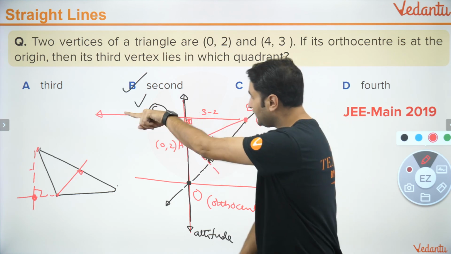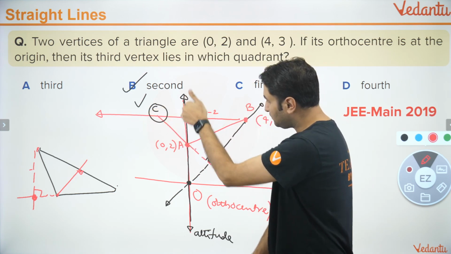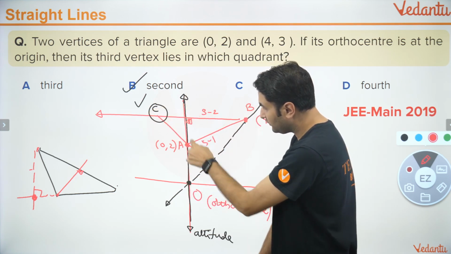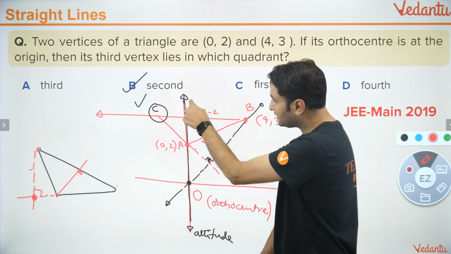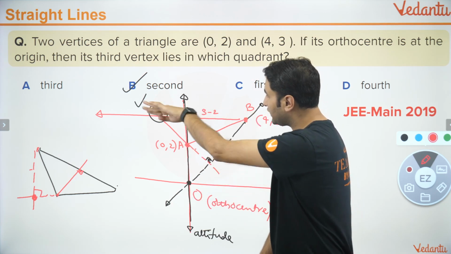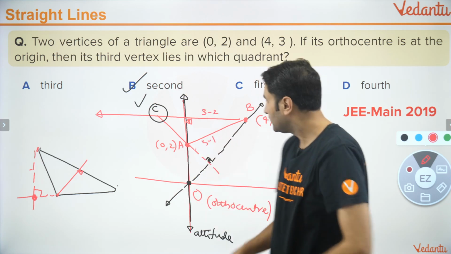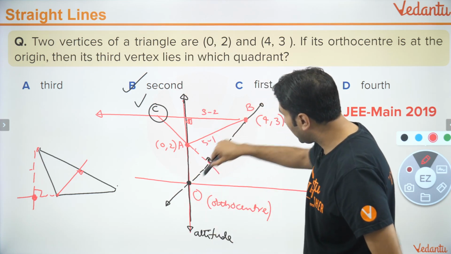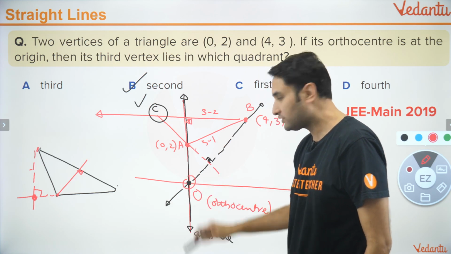So I made a side which is perpendicular to AO because this is the altitude. So imagine this is the altitude. So A से इस side के ऊपर altitude is this. Imagine. Now another altitude is this black line because the orthocenter is origin.